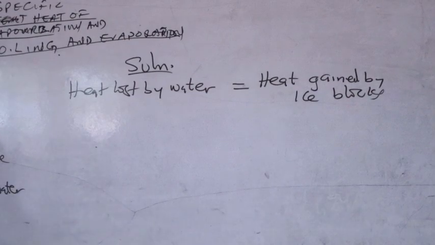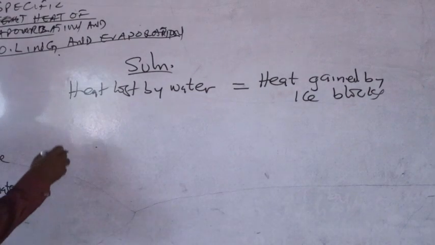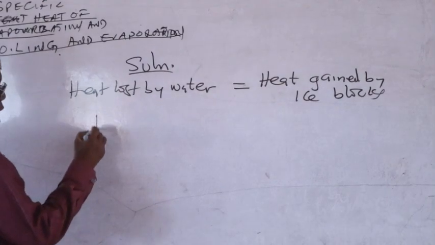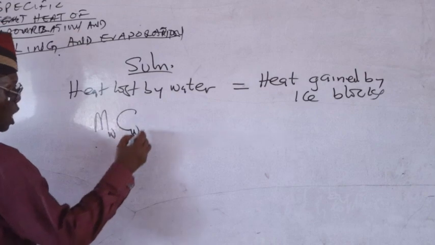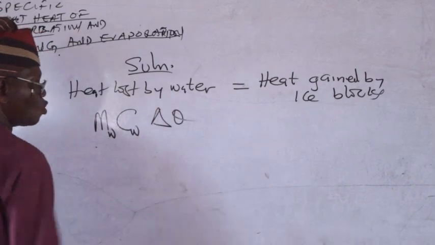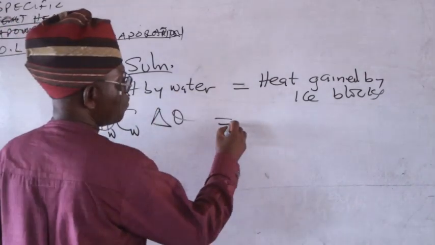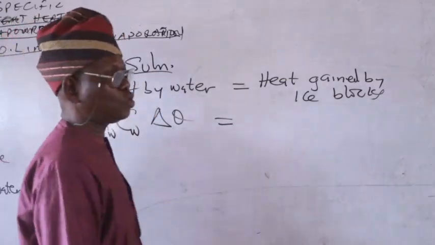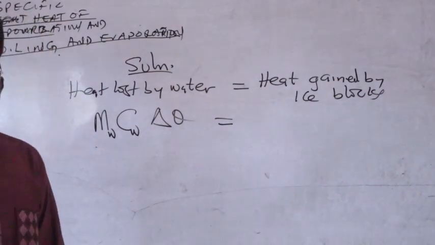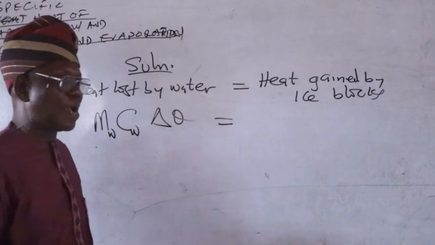Then how do we now translate it to a mathematical expression? Heat lost by water will be mass of water, specific heat capacity of water, change in temperature. Good of you. Then we already said that the heat gained by ice will do two jobs.